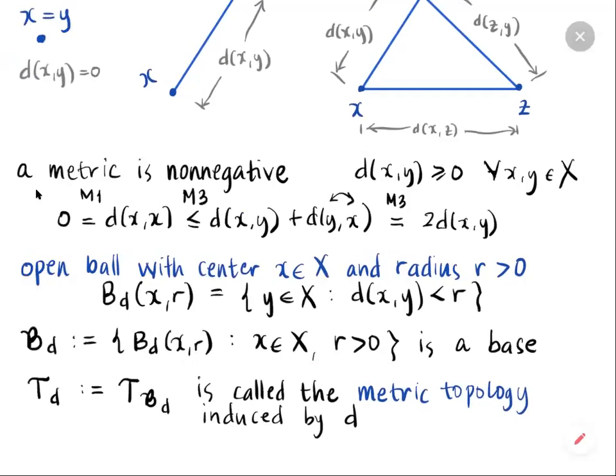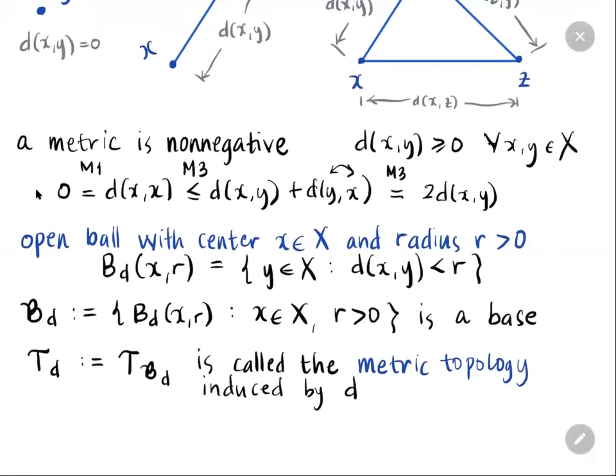Well, to verify this, take any point in X. Take note that the center is always an element of the ball centered at X with radius 1, let's say. So that is the first condition for a topological base.